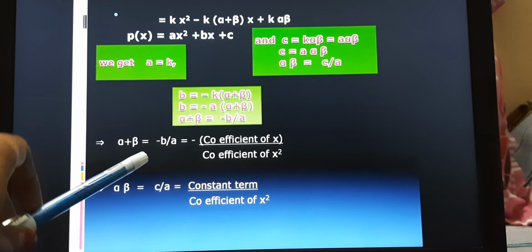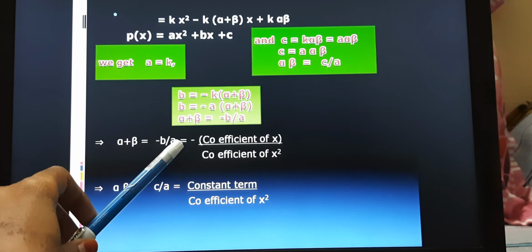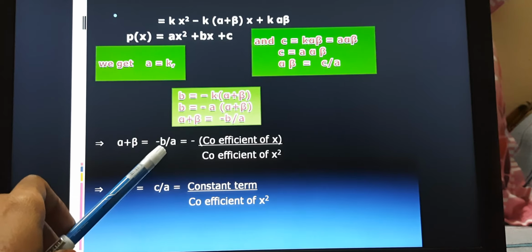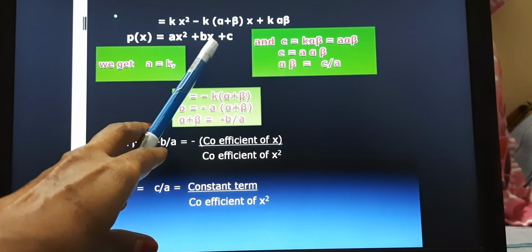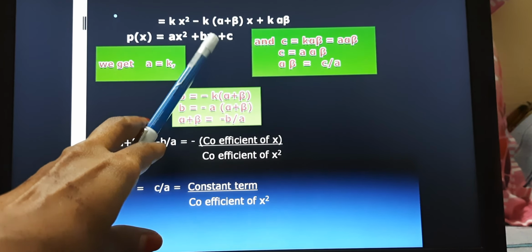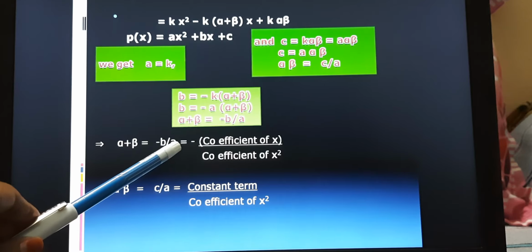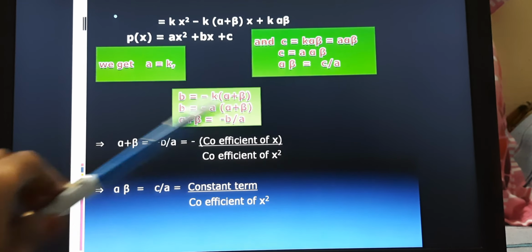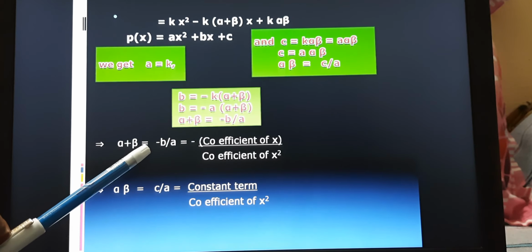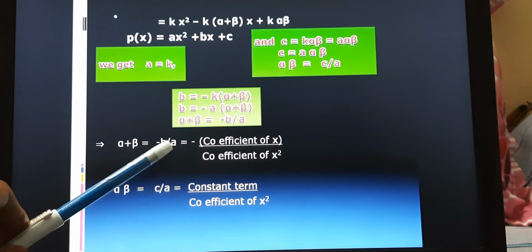Here we have minus b by a. Let me check once, what is b here? b is the coefficient of x, divided by a, which is the coefficient of x square. So the sum of zeros is equal to minus b by a.